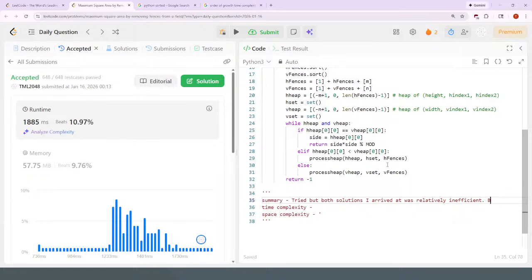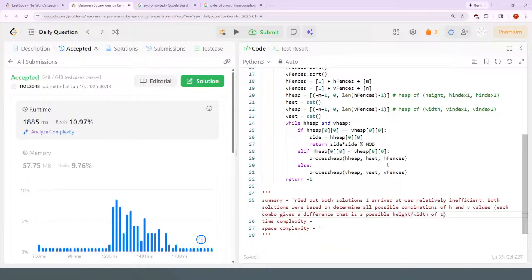Both solutions were based on determining all possible combinations of H and V values. Each combination gives a difference that is a possible height or width of the rectangle.